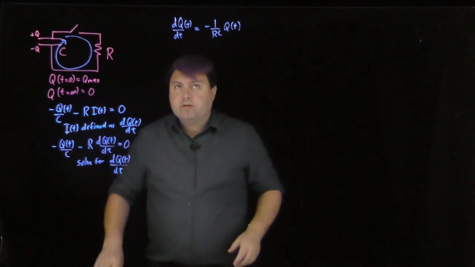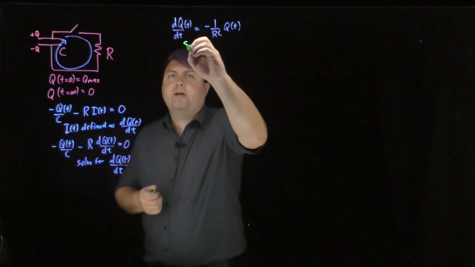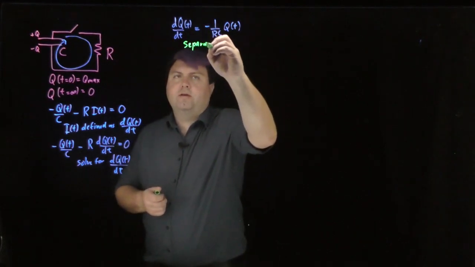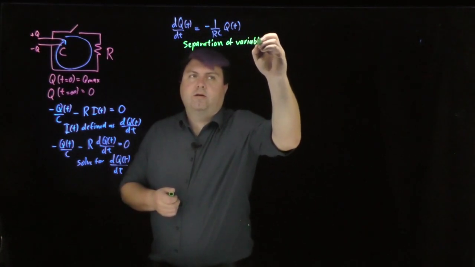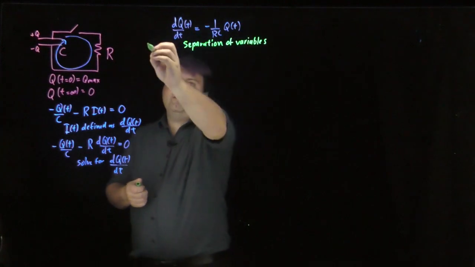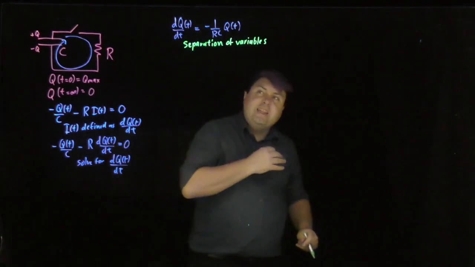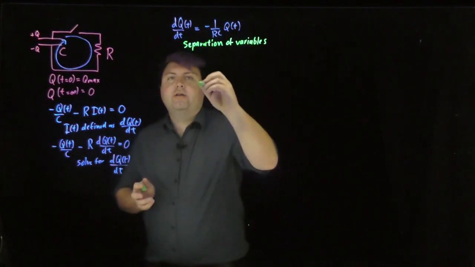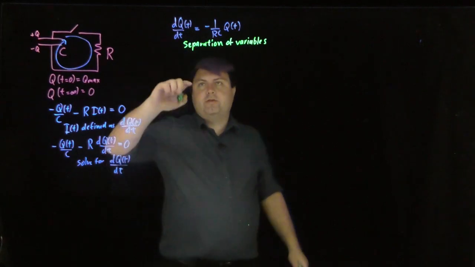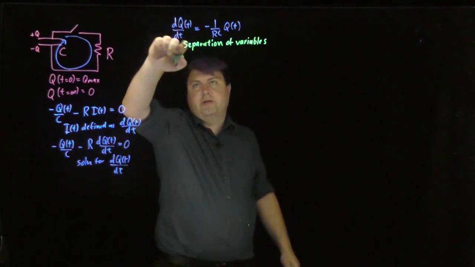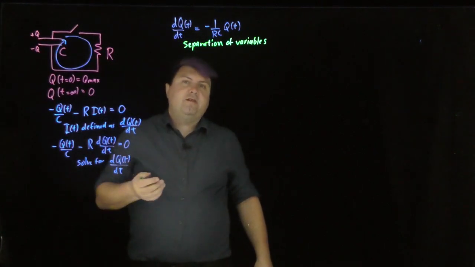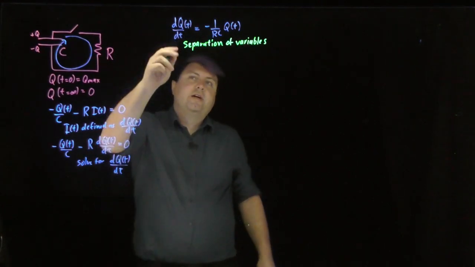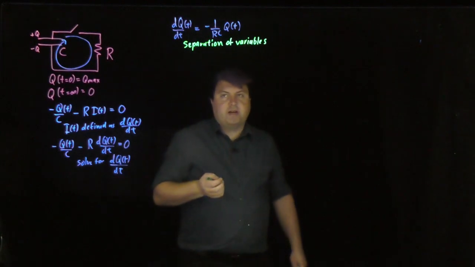So one thing we can do is what's called separation of variables. We want to bring all the Q's over to one side. We want to bring anything that's not a Q to the other side. So we are going to treat dQ and dt as separate values, because in physics, dQ represents a small amount of charge and dt represents a small amount of time.